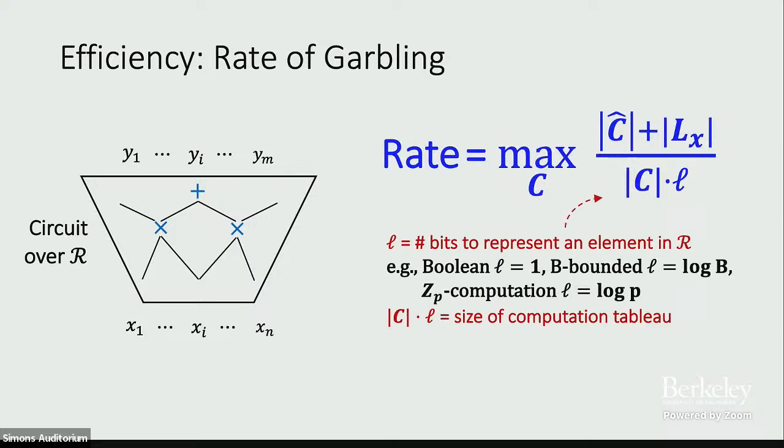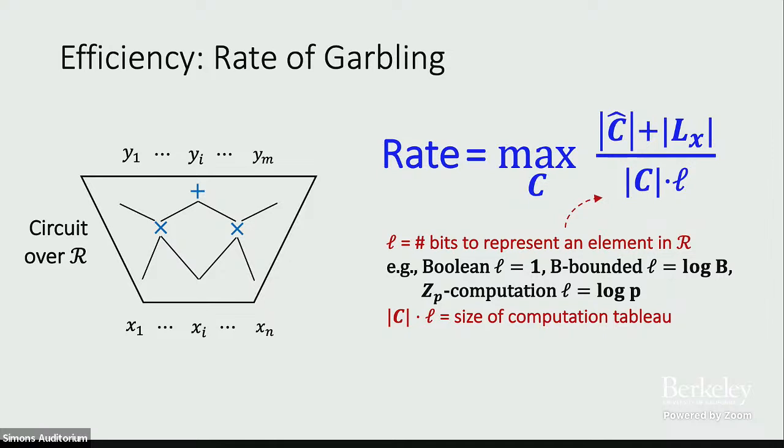So in Boolean computation, L is 1. In B bounded integer computation, L is log B. In Zp computation, L is log p. So what is this quantity? C times L is basically the size of the computation tableau if you were to write down all the values that have been evaluated in the computation. So we feel it is fair to compare the size of a garbling together with the computation tableau size in the clear.